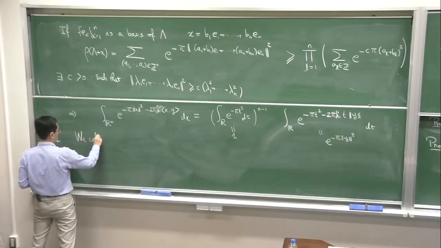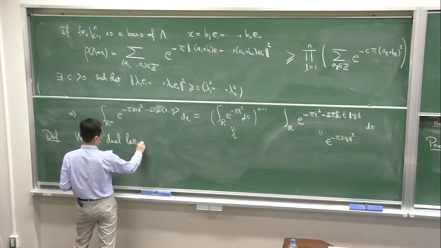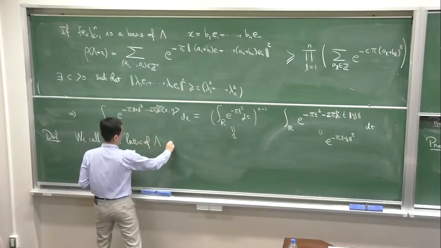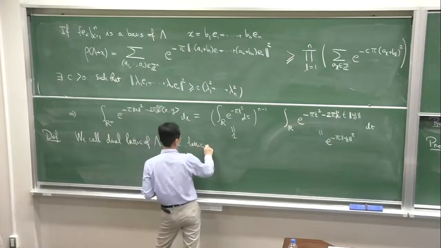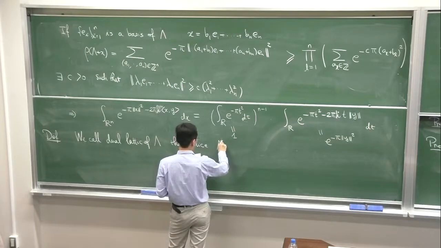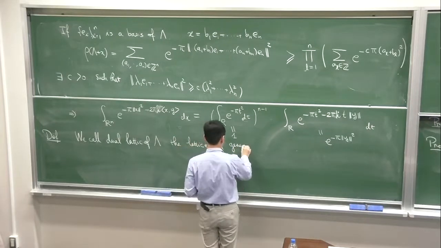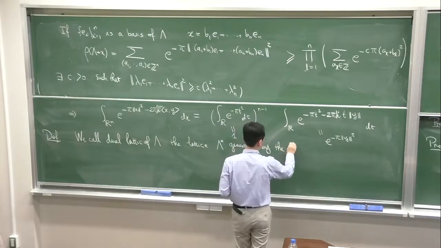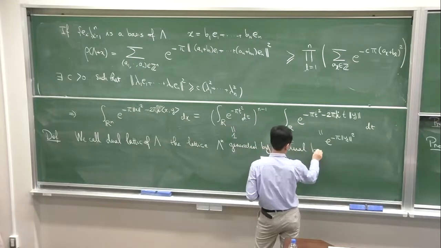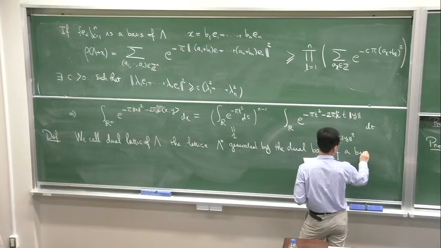So we call the dual lattice of lambda the lattice lambda star generated by the dual basis of a basis of lambda.